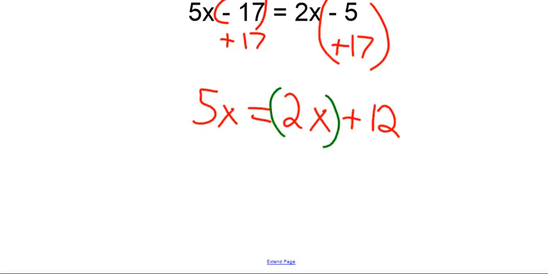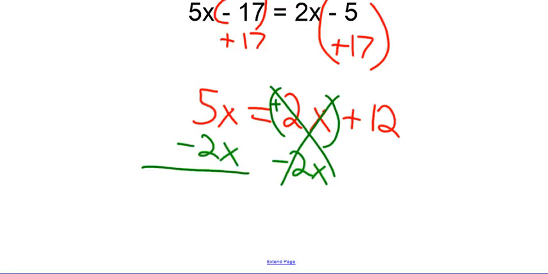If I have a positive 2x, I'm going to have to subtract a 2x to get rid of it. So if I subtract 2x from the right side, then I must also subtract 2x from the left side. 2x minus 2x is going to cancel each other out. 5x minus 2x, x stays the same. 5 minus 2 gives me 3. And so now my new problem says 3x equals 12.